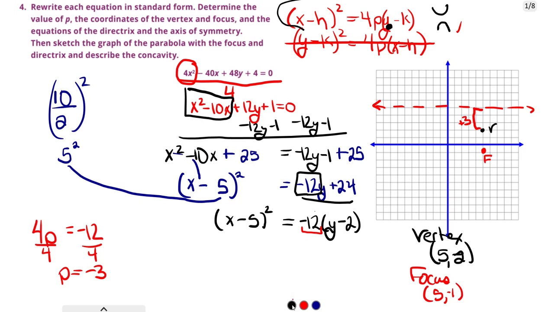Next thing I need to do is write the equation of that. So it went left and right, so that's going to be y equals, and we went up 3, so that's going to be y equals 5 is my directrix.